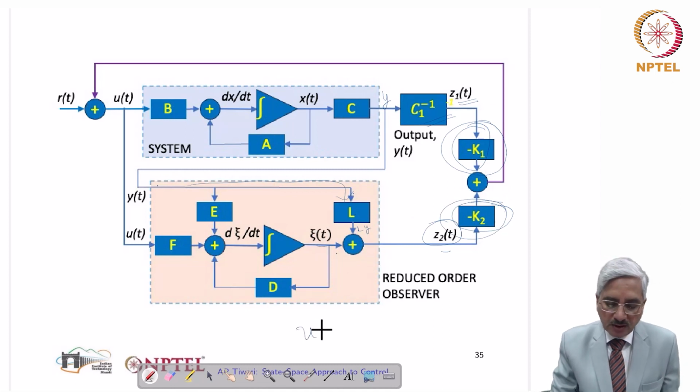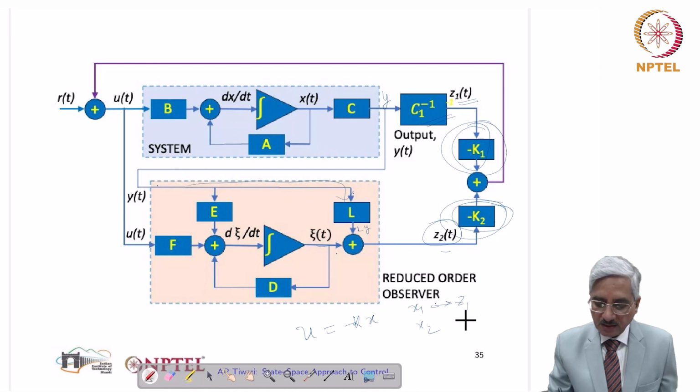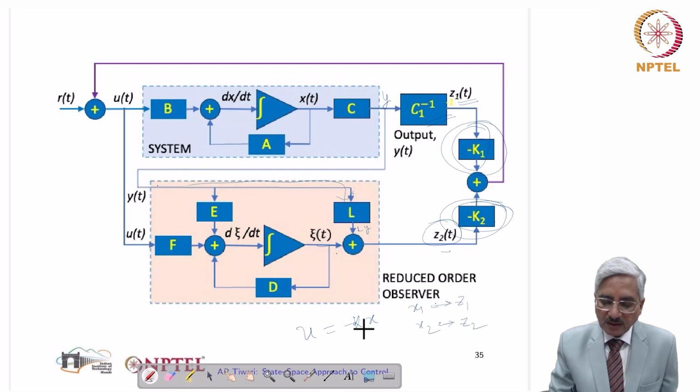So U equal to Kx; instead of that, because X is X1, X2, the estimate of X1 is Z1, in fact it is the same as X1, and the estimate of X2 is Z2. So we are feeding K1, K2 into Z1, Z2.